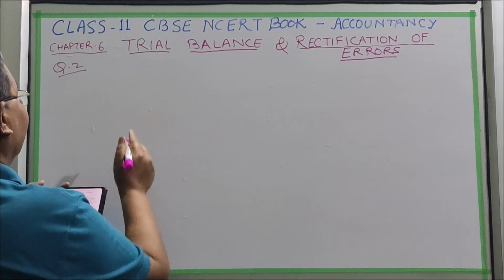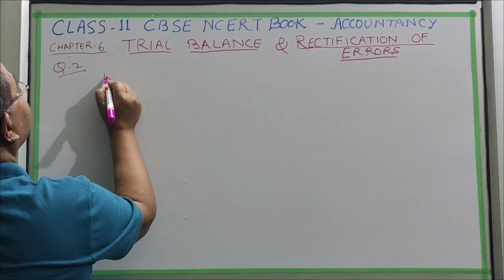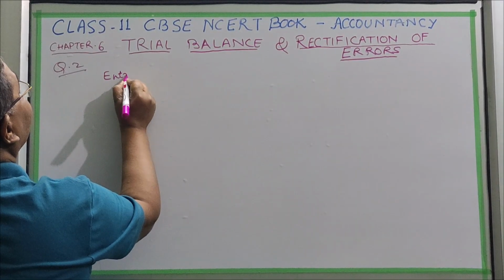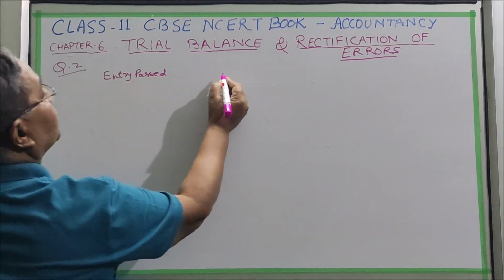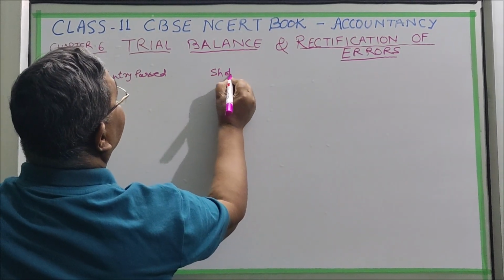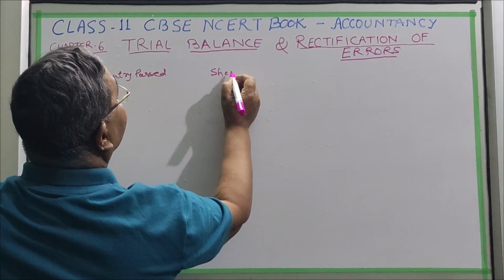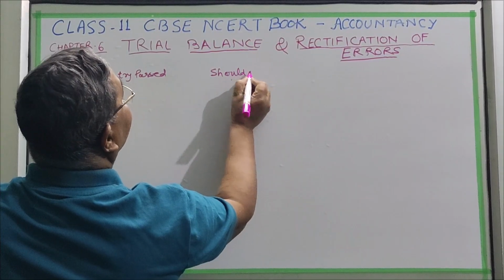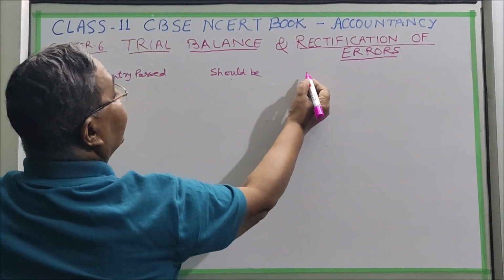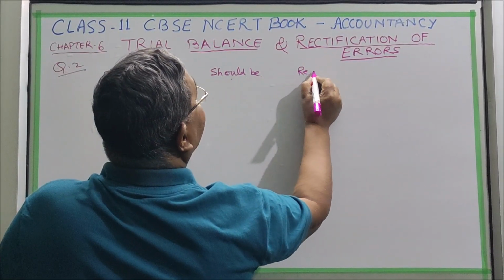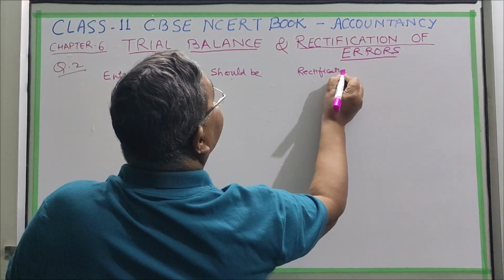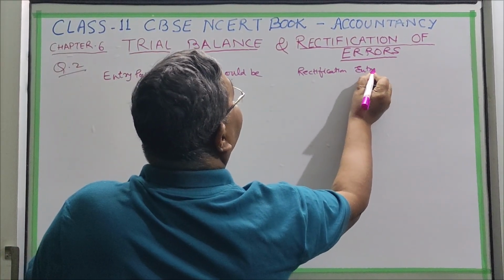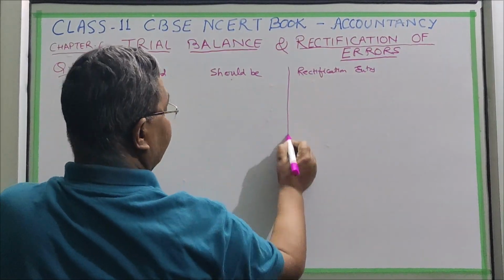So what entry passed? You make in rough. Entry passed, should be, and then rectification entry. Okay, these 3 columns you make.